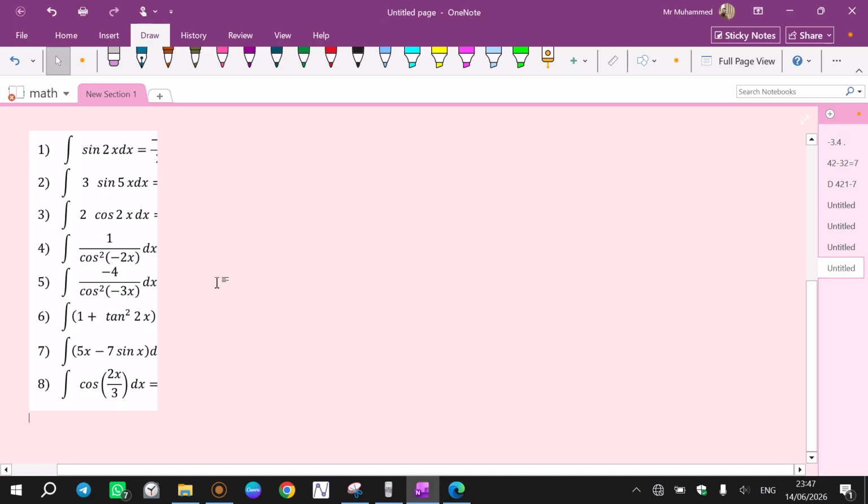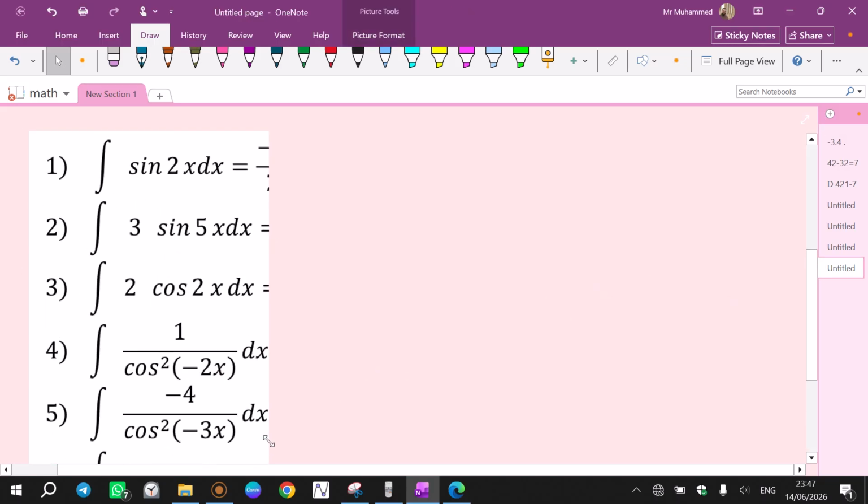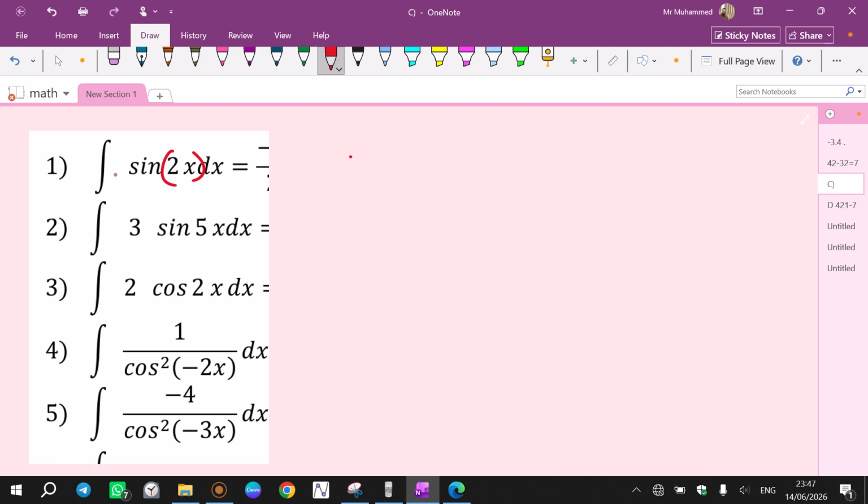The ideas, how can we solve them? Number 1, sine 2x. What is the derivative of inside the sine? 2. Do I have 2 outside? No. I need to write here 2, and 1 over 2 outside to keep the balance. Remember, the derivative part always gets cancelled. The 1 over 2 outside stays.